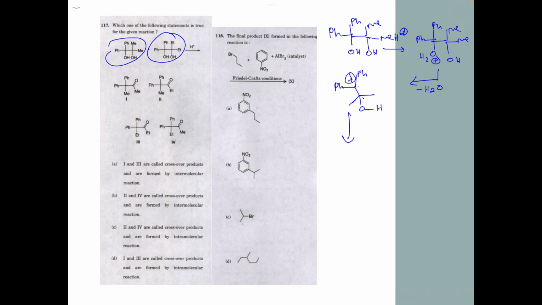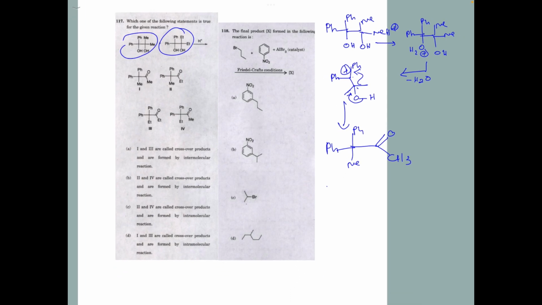Now a 1,2 migration will take place if the oxygen hydrogen bond shifts here. We will have the methyl shift product. This is the pinacol-pinacolone product. So when we treat this other molecule with acid, we will have the protonated form here.